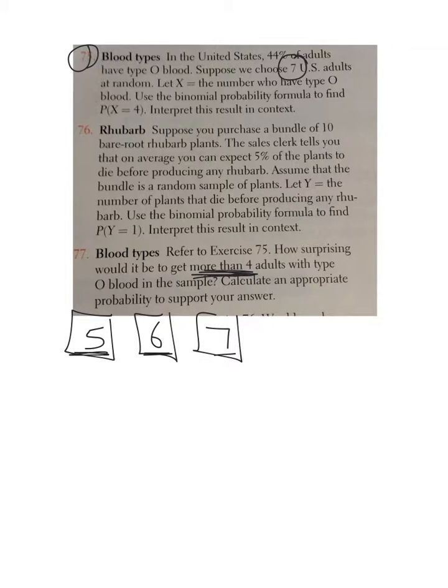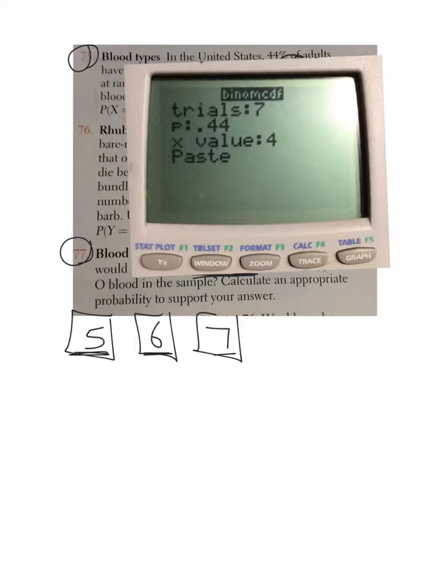But an easier way would be to use binomial CDF. What we're saying is 7 people, probability is 0.44, and 4 people. So CDF tells us 4 or less: 4, 3, 2, 1, and 0.